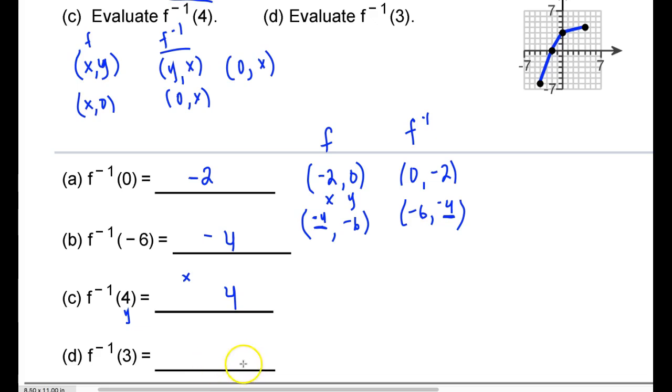And for this last one, this is like saying when y is 3, tell me what x is. So here when y is 1, 2, 3, my x is 0. So you kind of get the idea of how to evaluate this now based upon the information that's given.